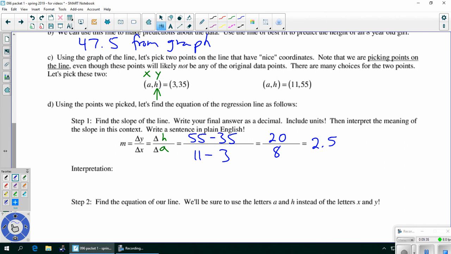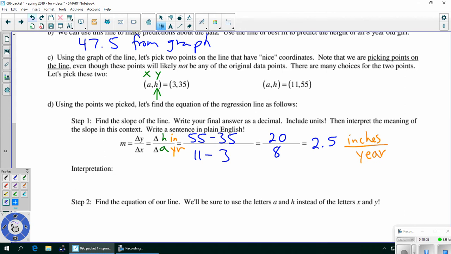Okay, let's interpret this number. To interpret slope, I really like having my units. On the top here was a delta h. And the height was measured in inches. And then delta A on the bottom, that was age measured in years. And so this 2.5 is 2.5 inches over years. But I like to use, instead of the word over, the word per. Inches per year. Something is changing at 2.5 inches per year. What is changing?